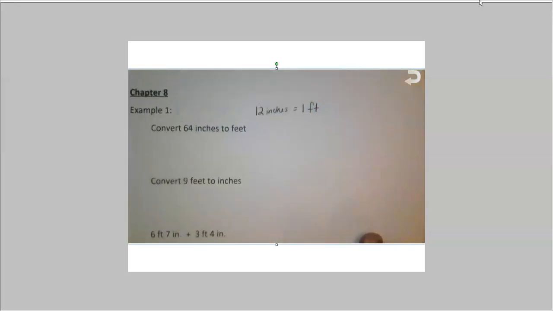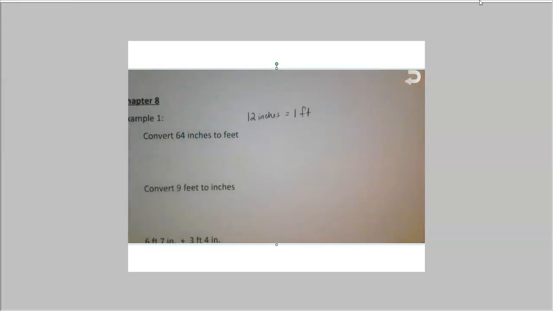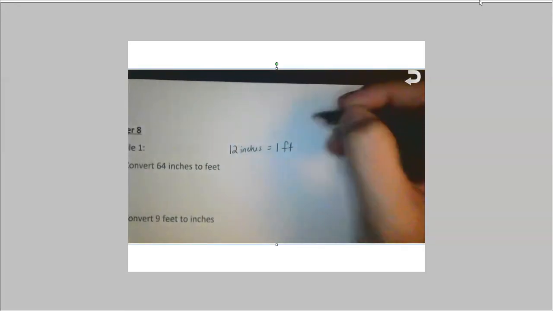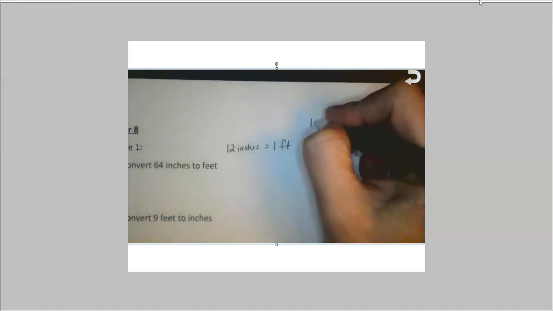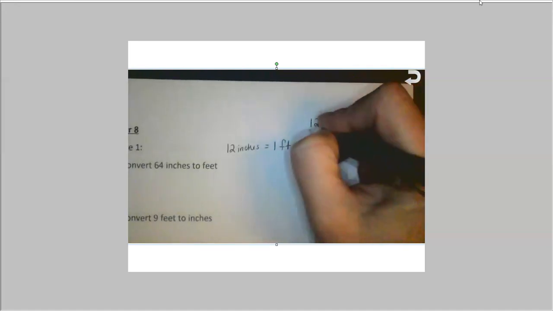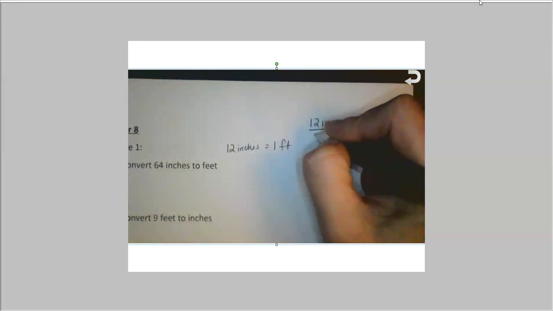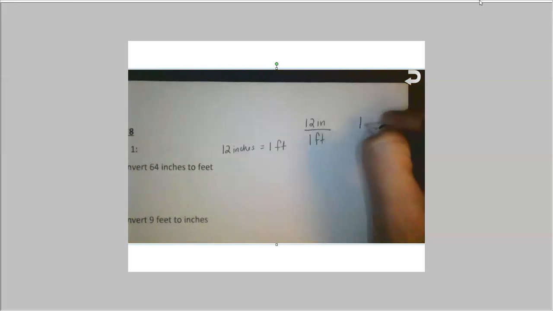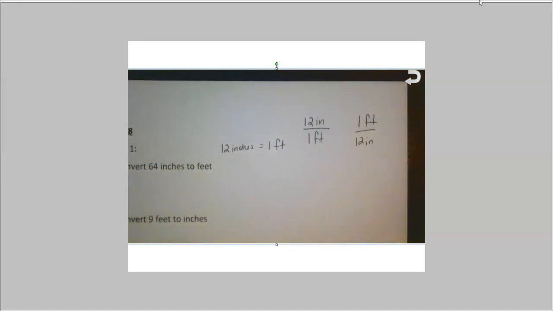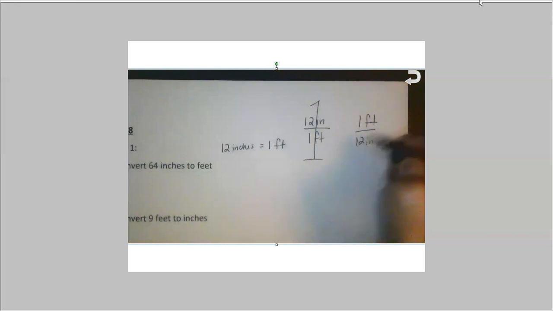Okay, so I know that. Here's what that means for me. That means that I can set up what we call 2 different unit multipliers. 12 inches over 1 foot or 1 foot over 12 inches. Now these don't look like one whole, but they are, okay?